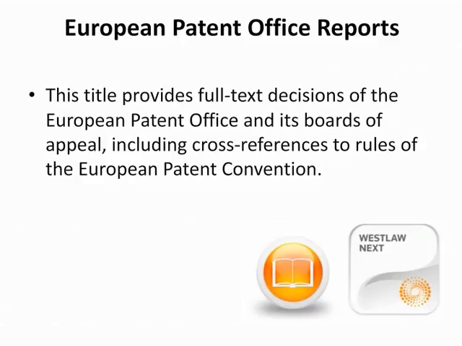So that's a value added. European Patent Office Reports is a Thomson Reuters publication, and it is available also in print. So you could use this if you were at a law school library or a law firm library if they had it, or you can get it on Westlaw Next.